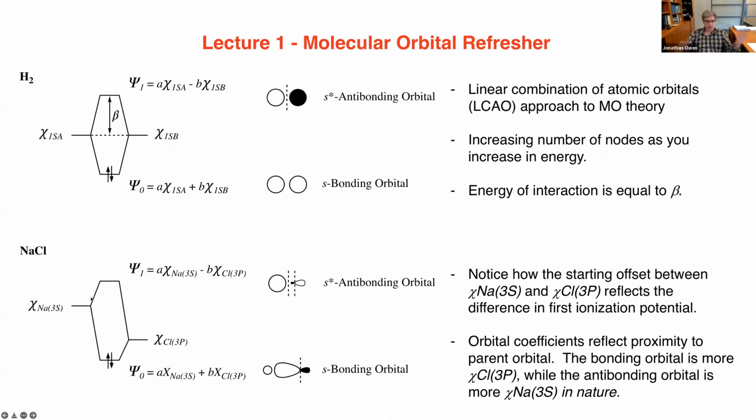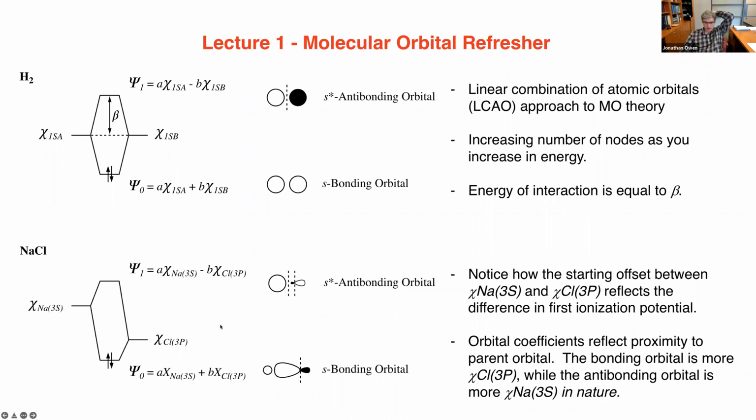So in the case of sodium chloride, the ionization energy of this atomic orbital is offset because sodium is more easily ionized than chlorine is, or chlorine is more electronegative, so its energy starts lower than sodium's does. And when you combine these two, you again get bonding and anti-bonding combinations. But now we're combining a 3p orbital and a 3s orbital. Those are the valence orbitals of those two elements, and they lead to bonding and anti-bonding orbitals.